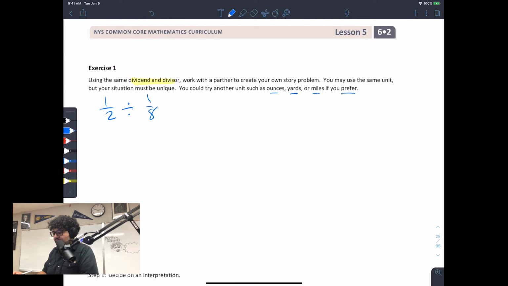Okay, so then there's a number of different possibilities, a number of different stories. We can probably write down the one we came up with before.